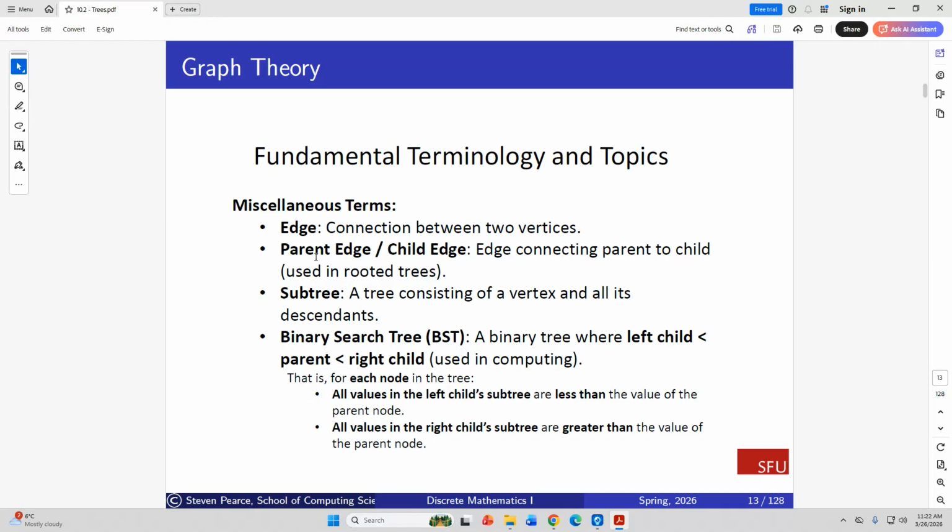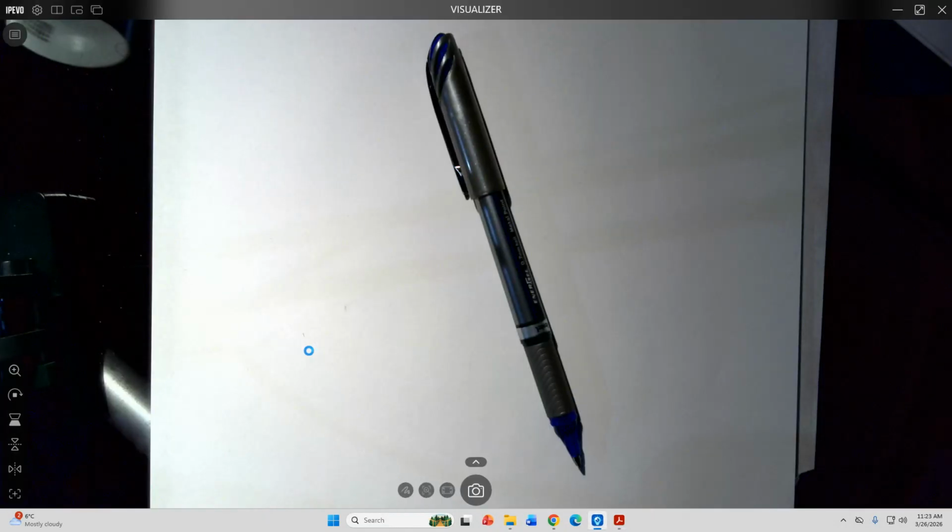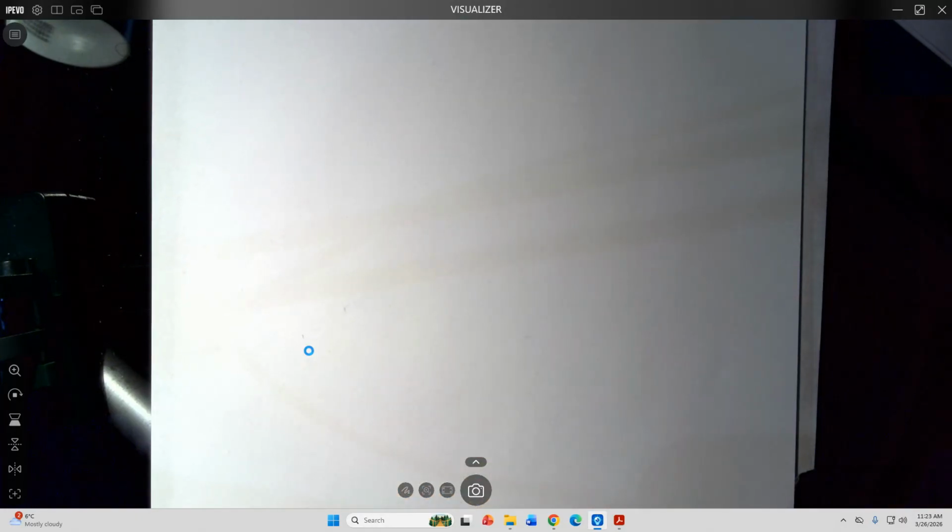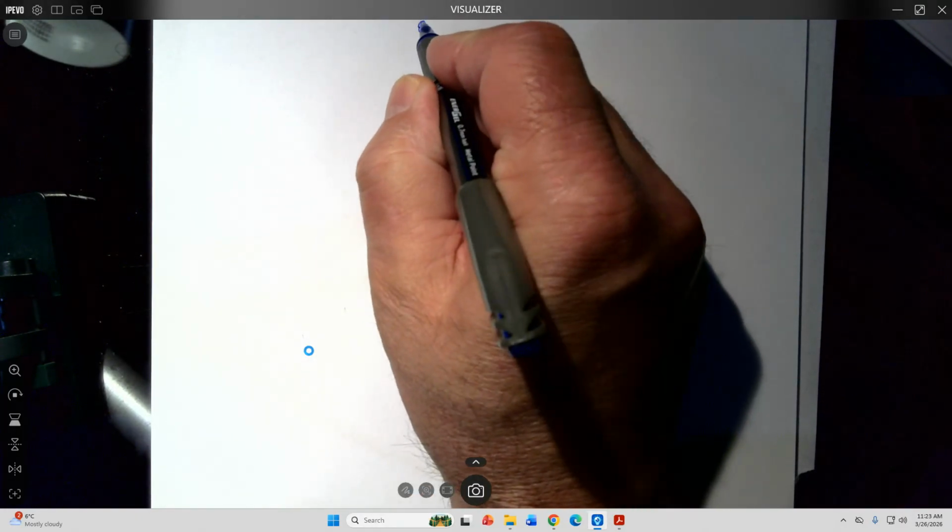So, miscellaneous terms, edge, you know what that is. A parent edge, child edge. A subtree, a tree consisting of a vertex and all its descendants. Well, so for example, if you have a binary tree, all right. So here's a binary tree.